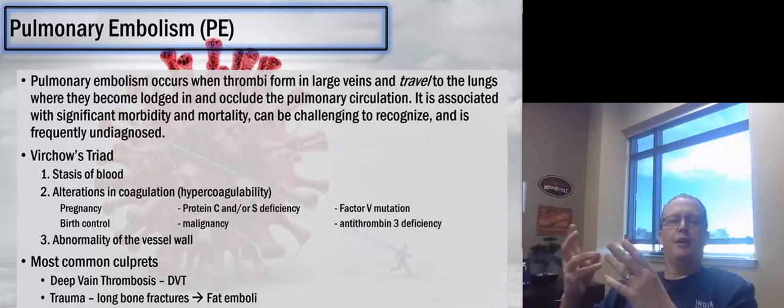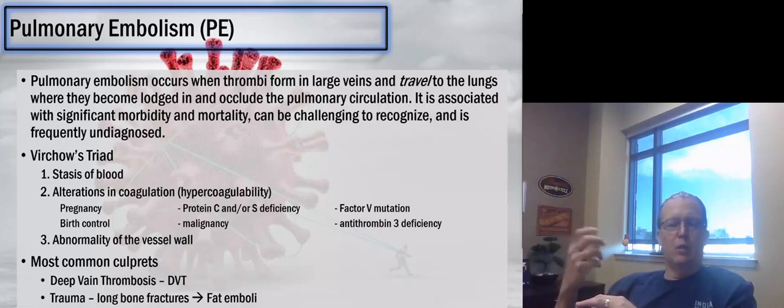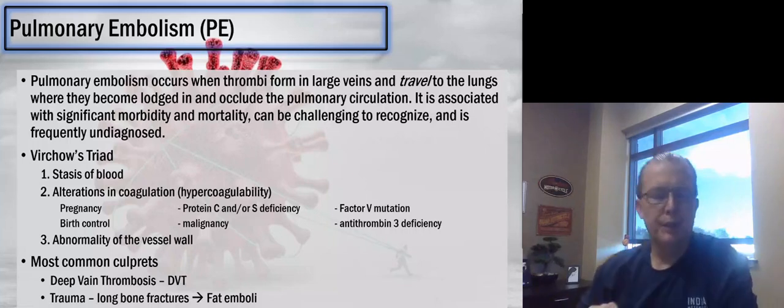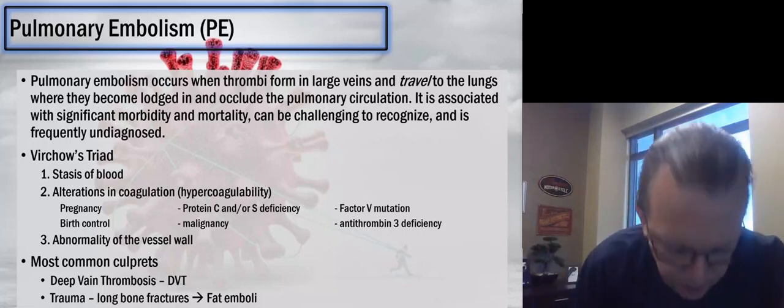So in this case, you have a clot, an embolus, and an embolus can be a variety of things. It can be coagulation factors, it could be a little portion of fat, it could be an object that somehow managed to make its way into the bloodstream.